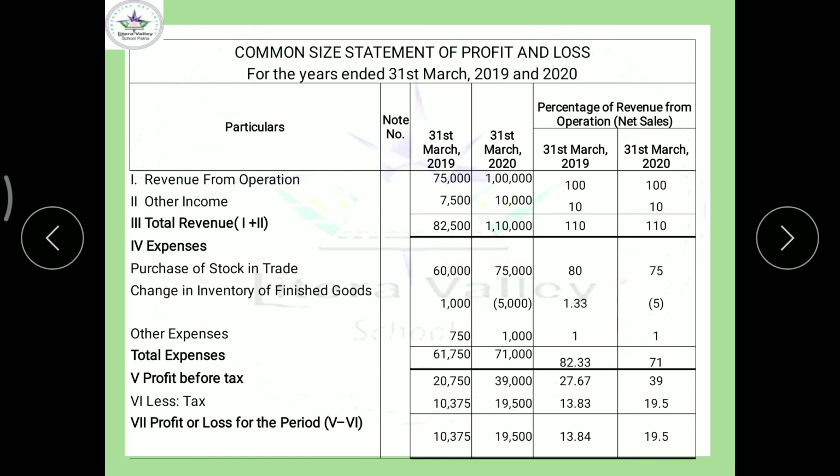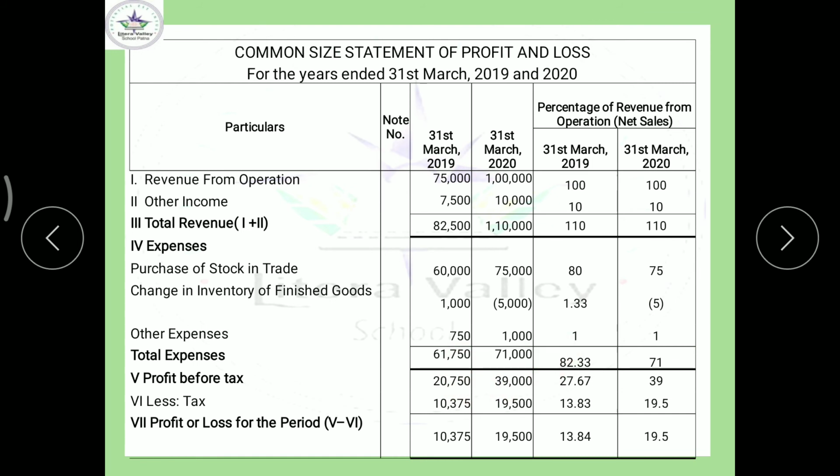Again, 75,000 divided by 1 lakh is 75%. 5,000 negative divided by 1 lakh is 5% negative. 1,000 divided by 1 lakh is 1%. So altogether, from 1 lakh, 10,000, and 75,000, you have got 39,000.